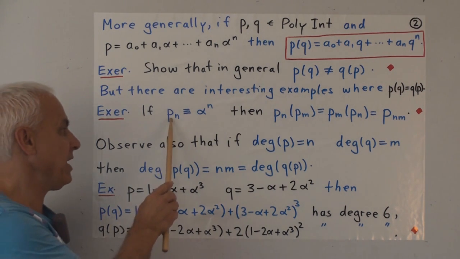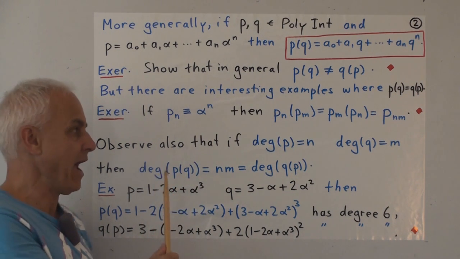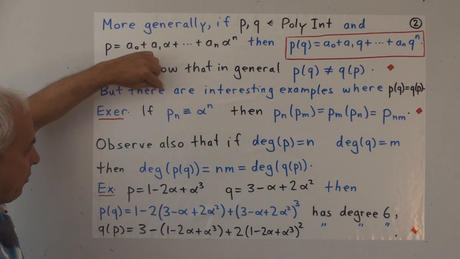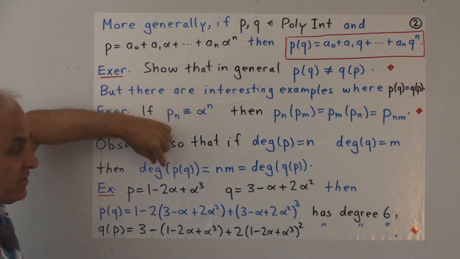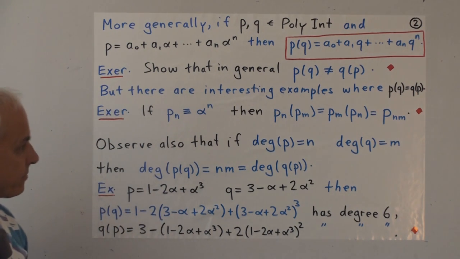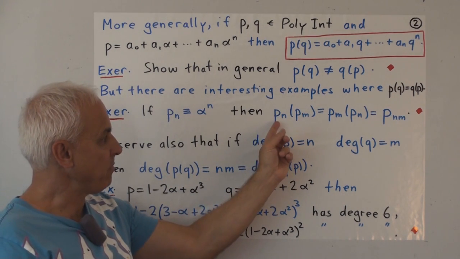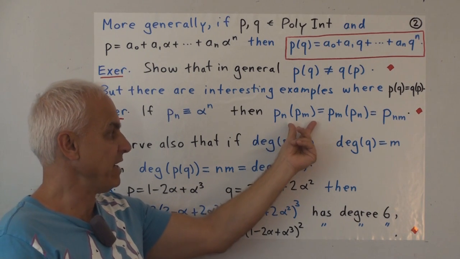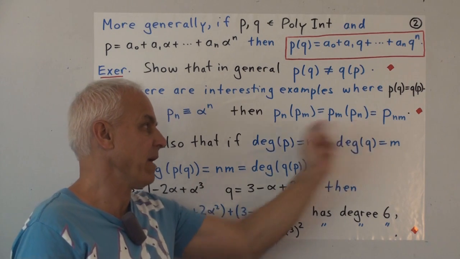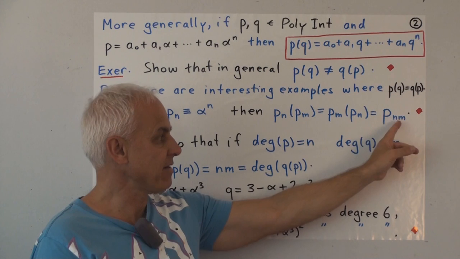So suppose we define P sub n to be the pure power alpha to the n. So in terms of our original notation, that would be a polynumber which has a whole bunch of zeros and then a 1 in the nth coefficient. So if we define P sub n that way, then show that P sub n of P sub m is the same thing as P sub m of P sub n, and both of those are equal to P sub n times m.